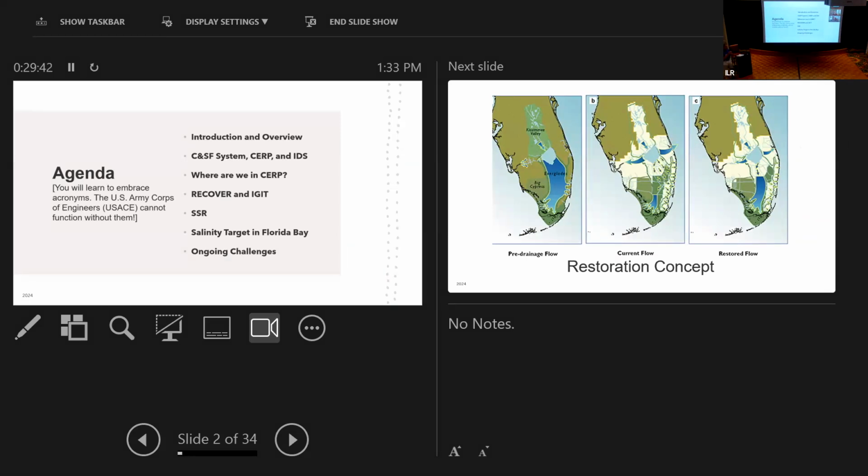Then you'll learn about RECOVER and the IGT. We'll go to the SSR, and then we'll look at the salinity target for Florida Bay. And Florida Bay, to me, is what Everglades restoration is all about, getting water down to Florida Bay. And then we'll look at the ongoing challenges of Everglades restoration.